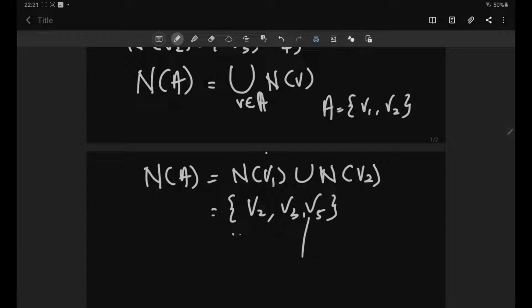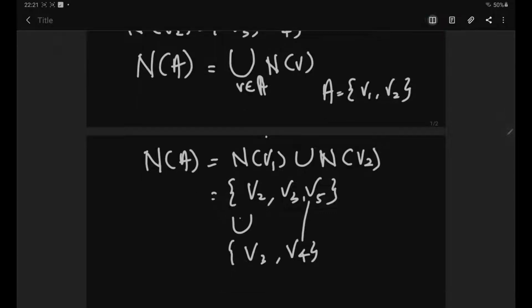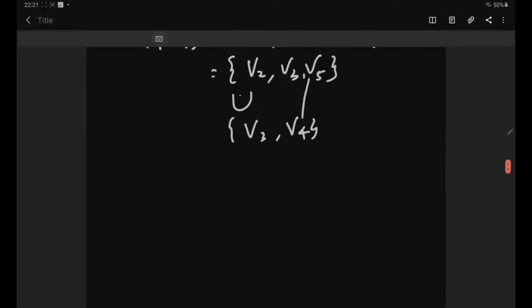Okay, and union with another set which contains V3 and V4, which come from N V2. So we combine together. We have a new set containing V2, V3, V4, and V5.